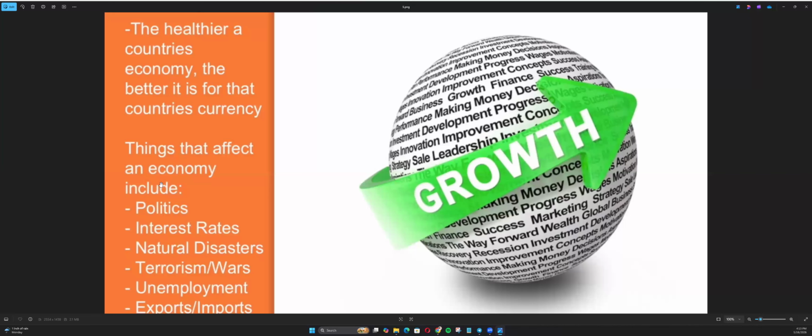Things that affect the economy include politics, interest rates, natural disasters, terrorism, war, unemployment, exports and imports. Remember when I was talking about the government being one of the major participants, politics is what the governments are into. So that's one of the ways they can also affect the market.